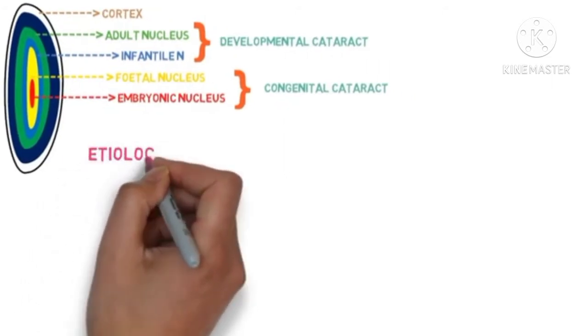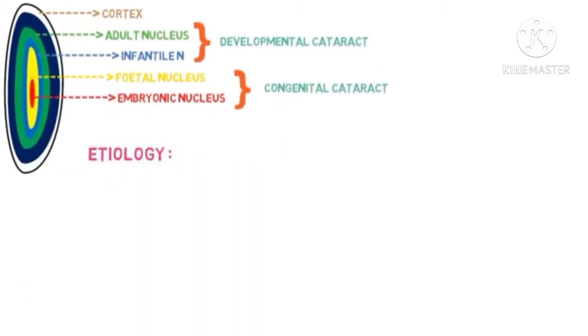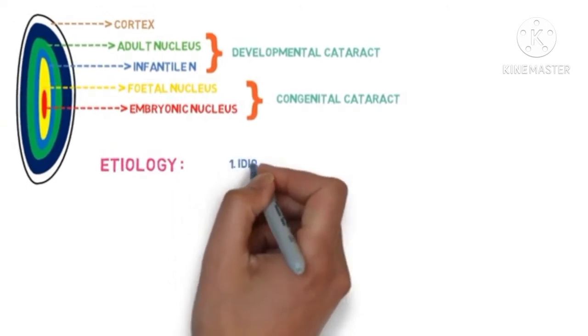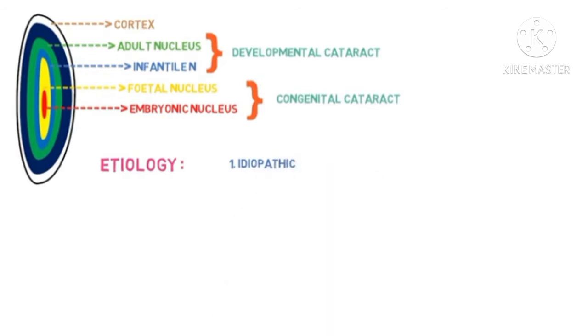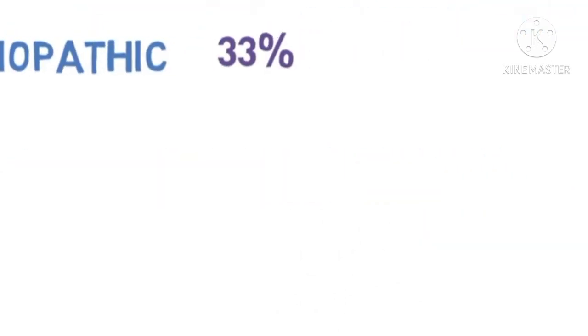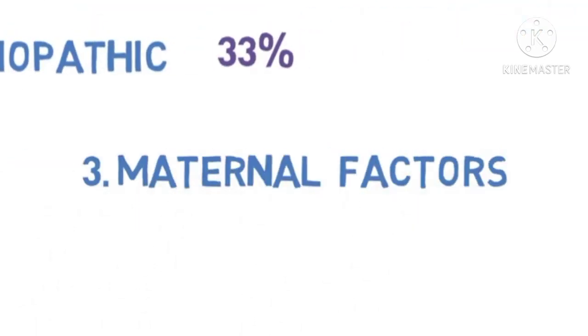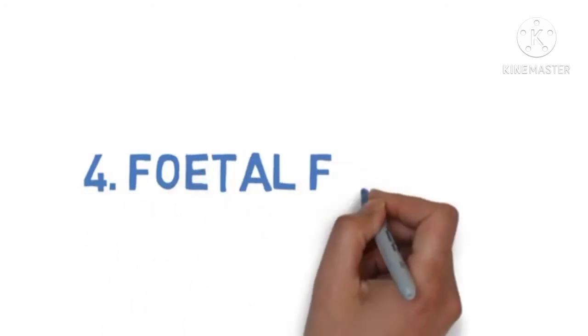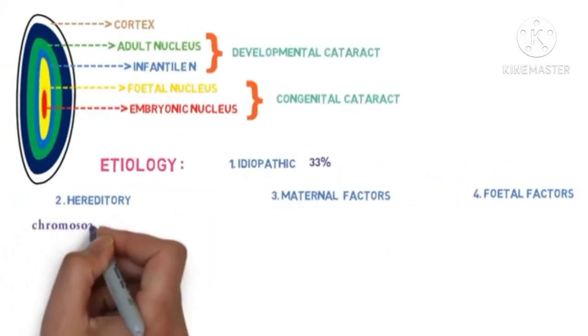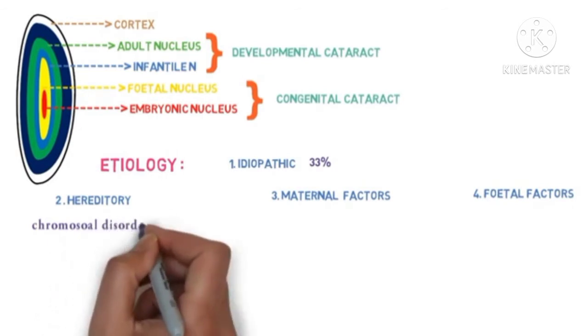Now, what is the actual etiology behind the disturbance of the normal growth of the lens? So, in 33% it is idiopathic, it can be hereditary, maternal factors, or fetal factors. In hereditary, major causes are chromosomal disorders like trisomy 21.